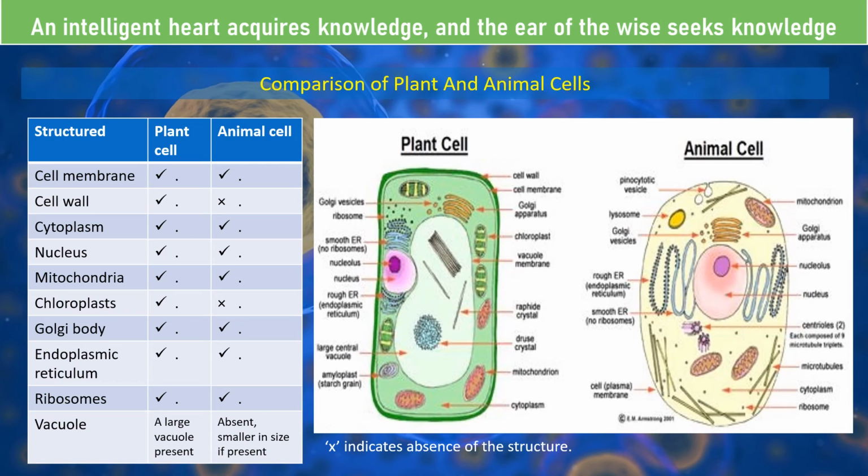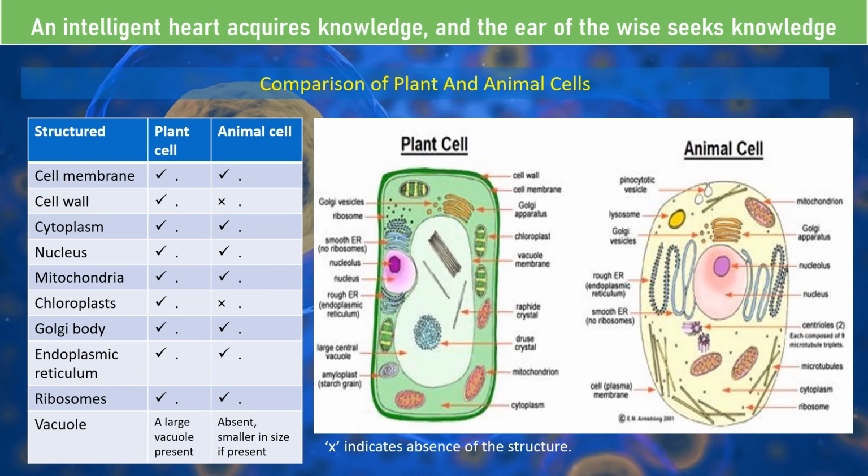For this you can draw figure 7.14, which is given on page number 140. So you have to draw those two figures which is there in figure 7.14, plant cell as well as animal cell, and you have to show their organelles also, all things present in that plant cell and animal cells.